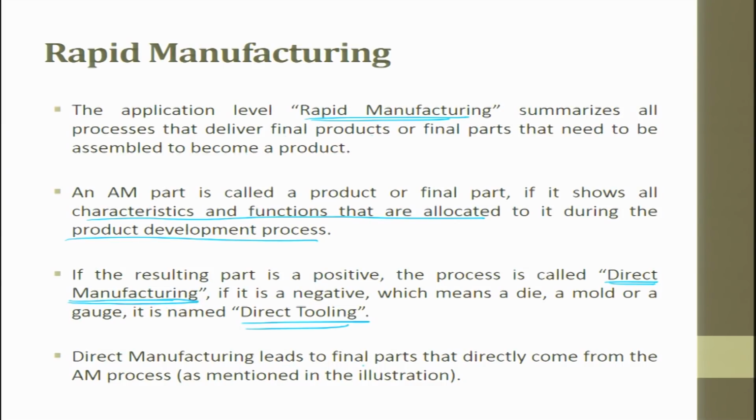Direct manufacturing leads to final parts that directly come out of the AM process. Today, we are looking at rapid prototyping getting converted into rapid manufacturing and producing the parts in the mass customized way that we want.